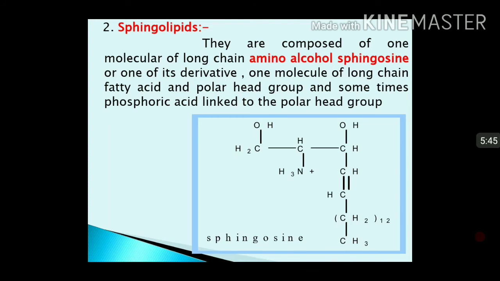At carbon number 1, a long chain of hydrocarbon is present, CH3, CH2 12 times, CH double bond CH, then CHOH. At carbon number 2, NH3 group is present, and at carbon number 3, OH group is present. This is the amine alcohol sphingosine.